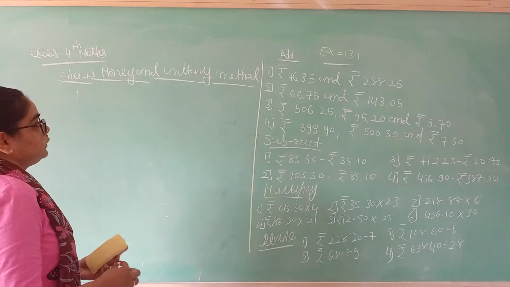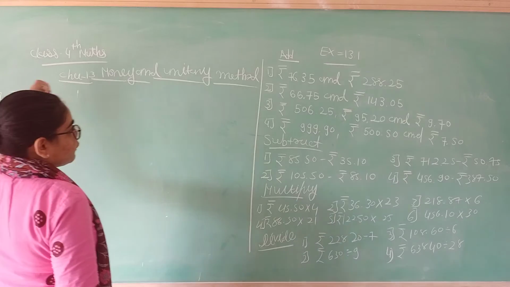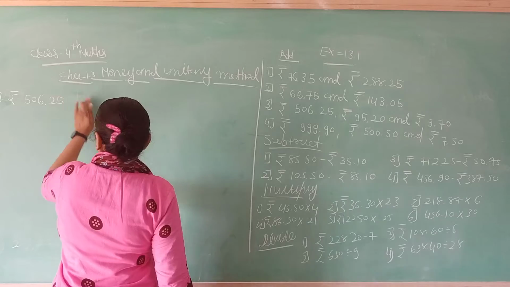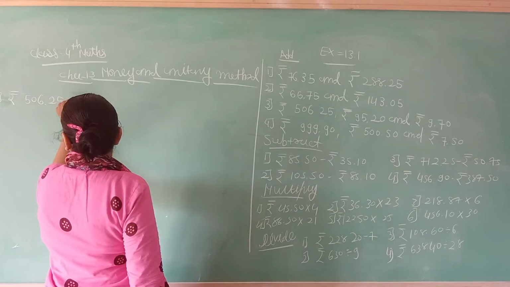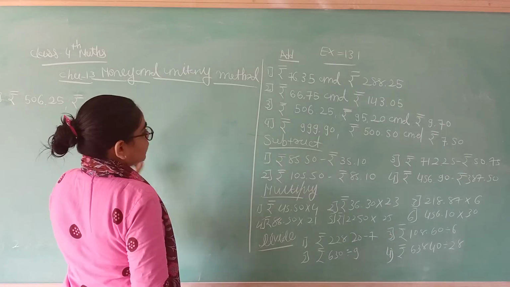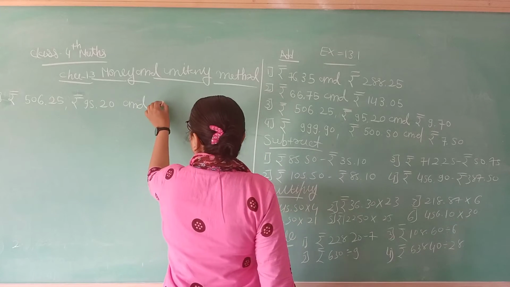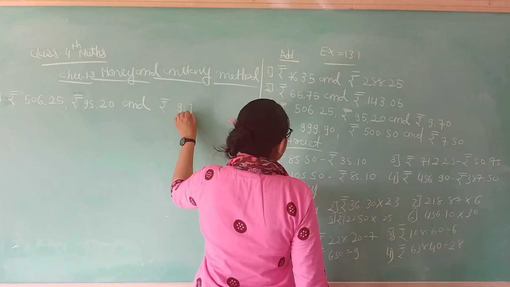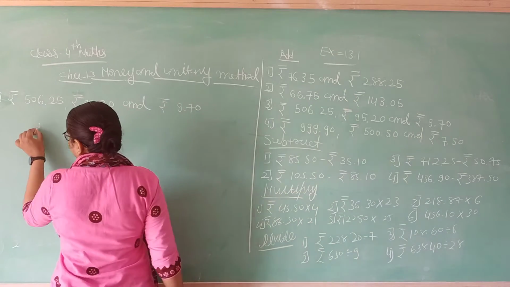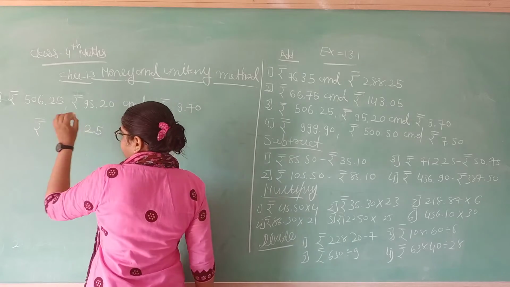Okay, then after, third question. Your third question is rupees 506.25. Then next one 95.20, and then the third number is rupees 9.70. Okay, so first write down the first number, 506.25.